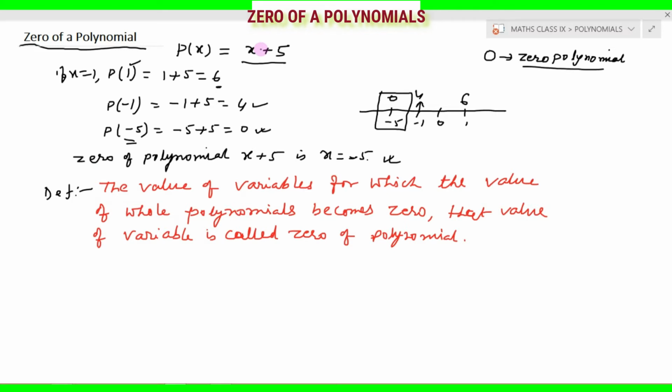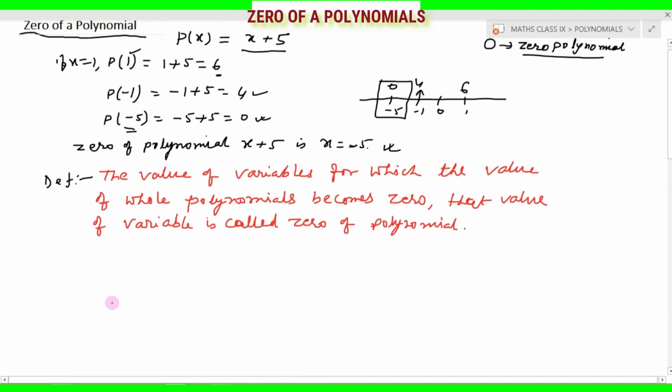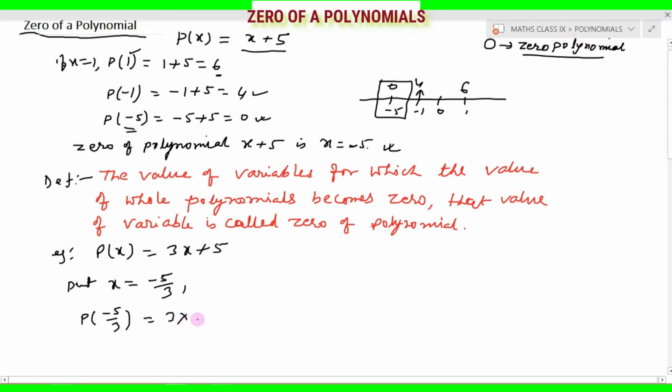I have taken one example above. One more example I am taking to make it clear what is called the zero of a polynomial. Suppose the polynomial is p(x) equal to 3x plus 5. If we put x equal to minus 5 by 3, the value of the polynomial becomes 3 into minus 5 by 3 plus 5.